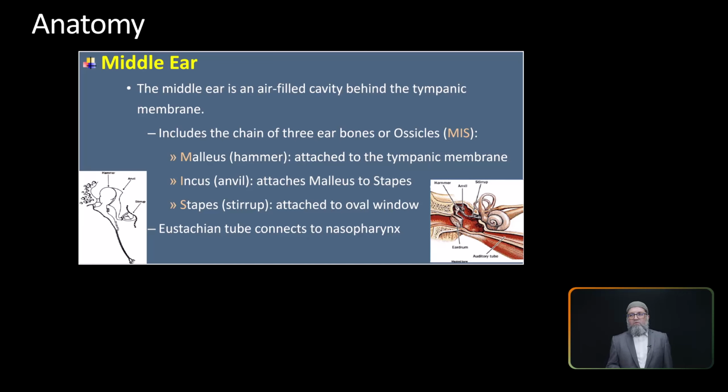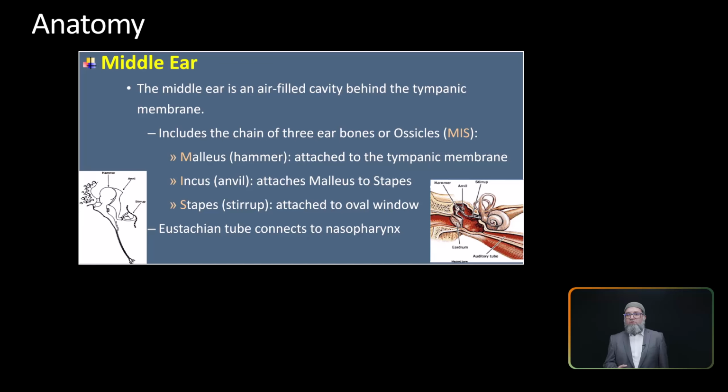They are very, very small bones, known as malleus, incus, and stapes. Malleus is also known as the hammer, which is attached to the tympanic membrane. Incus is the second one, also known as the anvil, which attaches the malleus to the stapes, the third bone. Stapes is also known as the stirrup, which is tied to the oval window. So the place between the tympanic membrane and the oval window is known as the middle ear.